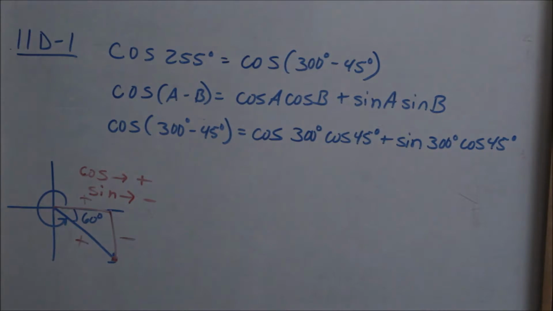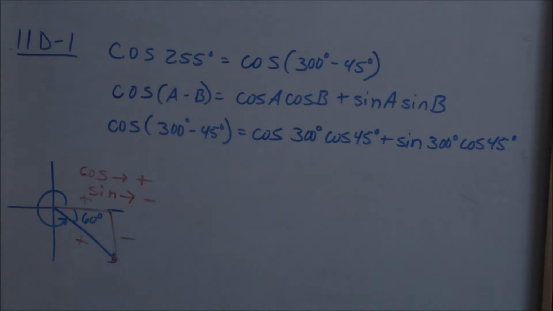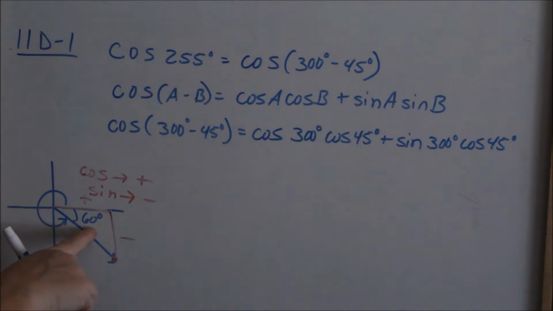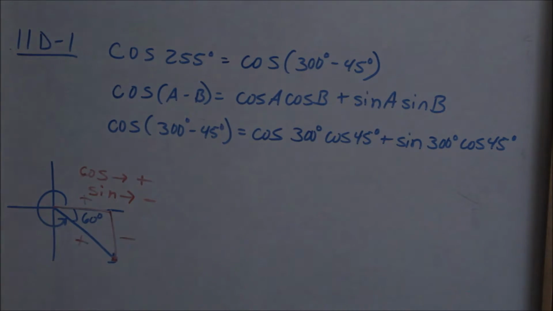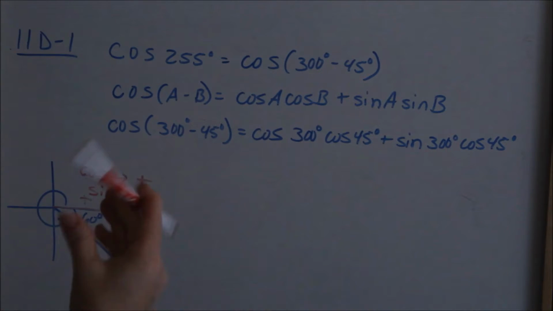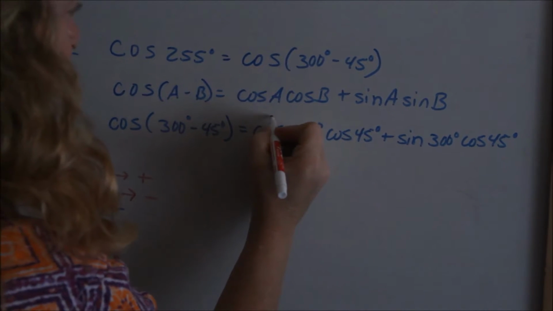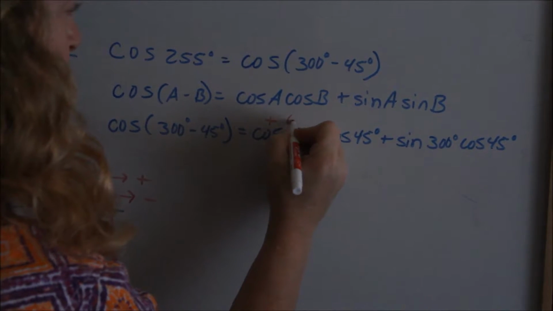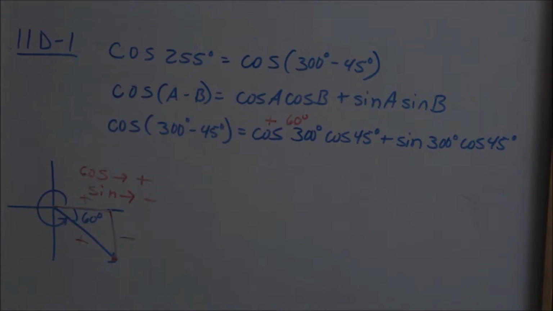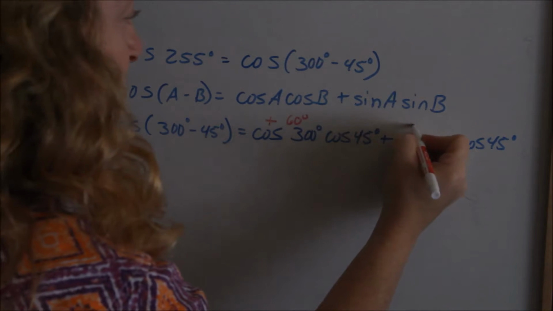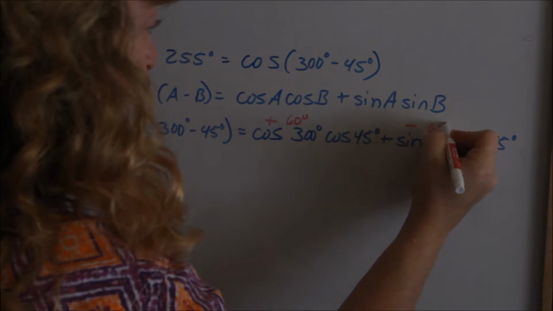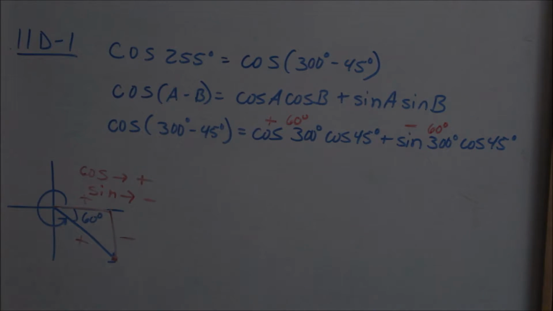So that tells me cosine is positive in quadrant 4, sine is negative in quadrant 4. And I'm going to use my reference angle of 60 degrees. So here, this is going to be a positive number, and I'm going to be using a reference angle of 60 degrees. Sine will be a negative number, and I'll be using a reference angle of 60 degrees. And that's where I will get my numbers.